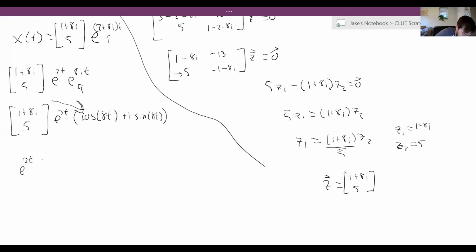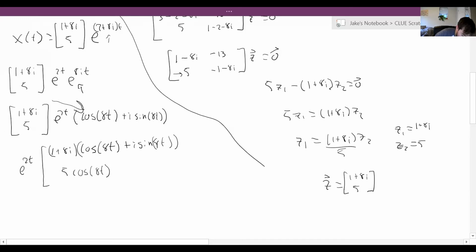So we get e to the 2t times this big old vector, which is 1 plus 8i times (cosine 8t plus i sine 8t), and then 5 times that. I'll just do the distribution there because it's a little easier. Do you believe me that these are equivalent? I hope so, because we're going to move forward.